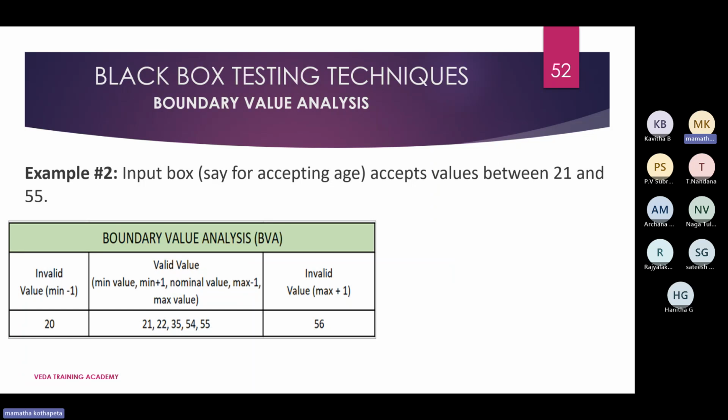21, it is accepted, yes. Expected value versus actual, success. 22 success, 23 like this. You have to write test cases for positive and negative.